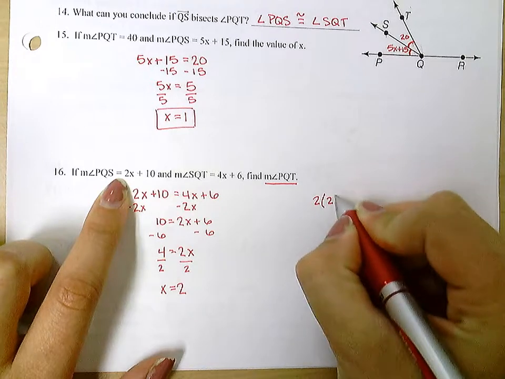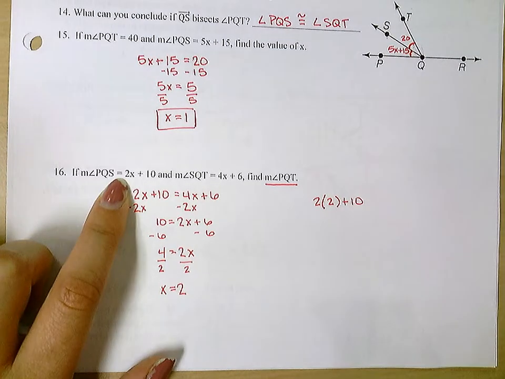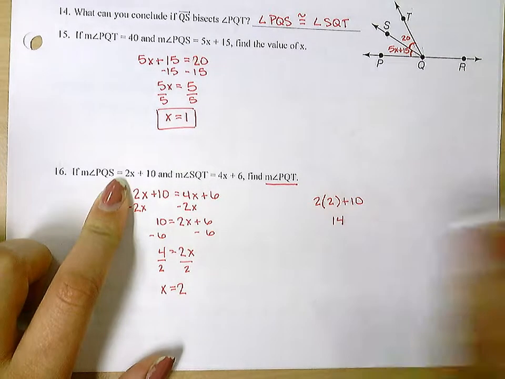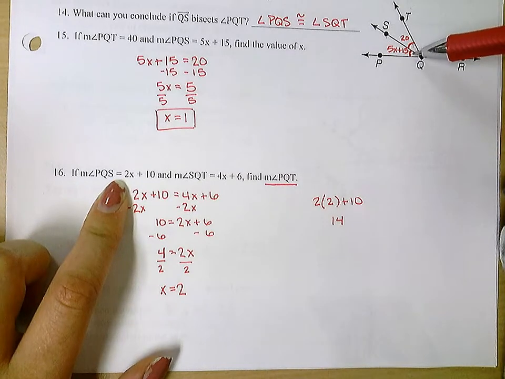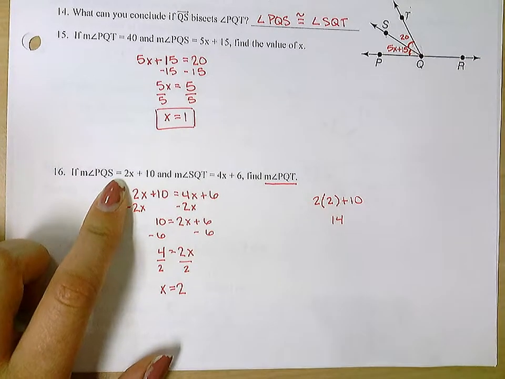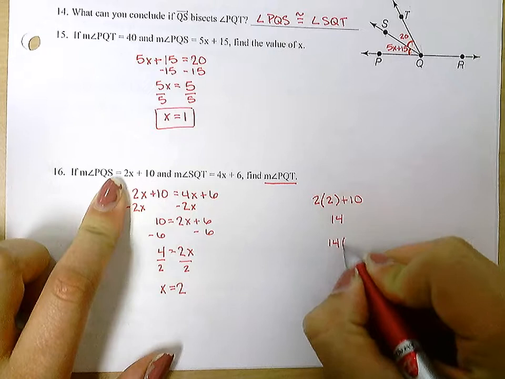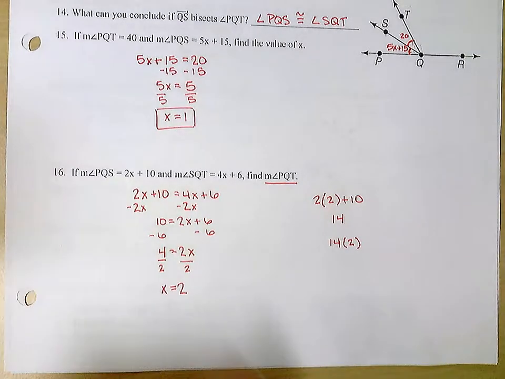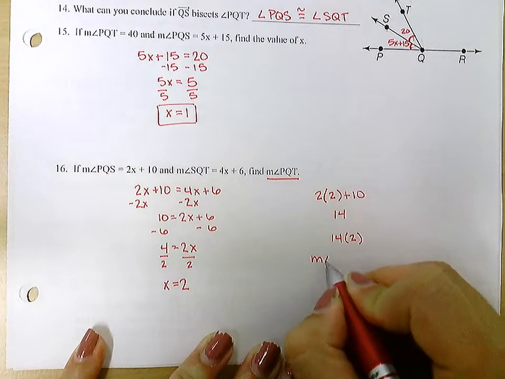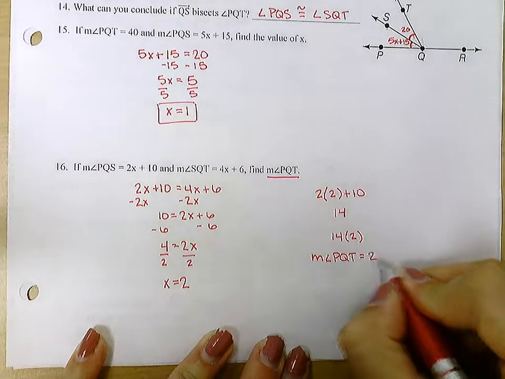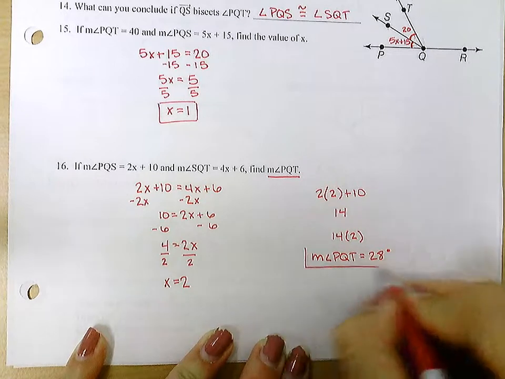So if I plug in 2 for x in PQS, I get 14. Now that's just one of these smaller angles. To get the whole thing, what should I do with that number? Add them together, multiply by 2. So I'm going to take 14 times 2 to get the measure of angle PQT is equal to 28 degrees.